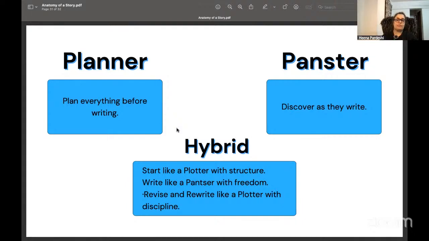You need to start like a plotter with a structure. Even if that structure is not extremely well defined, you still need to have a little bit of a structure.